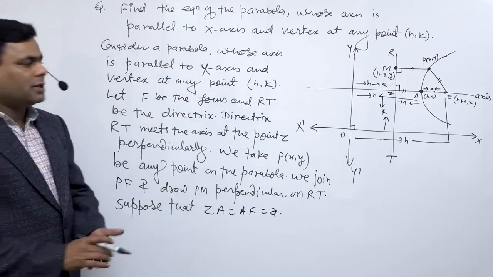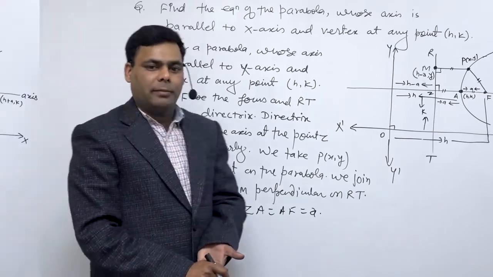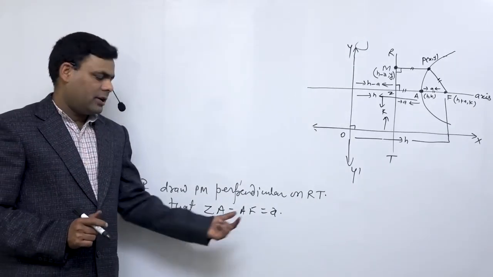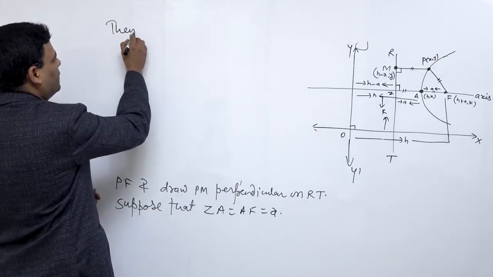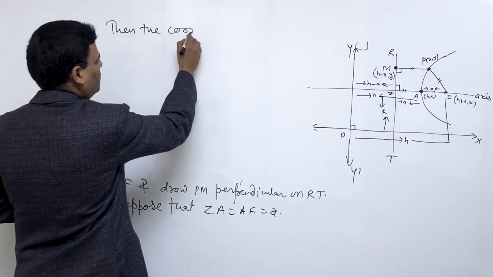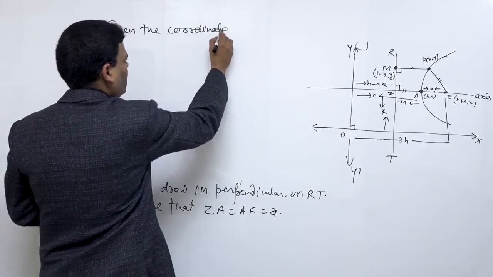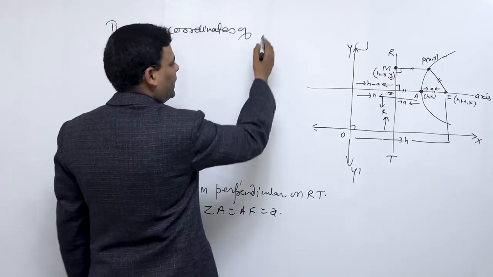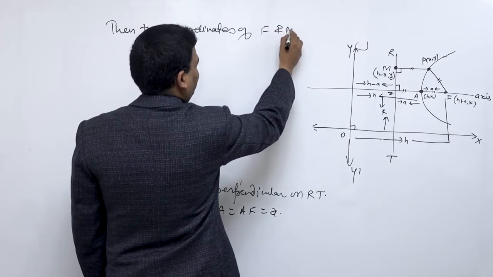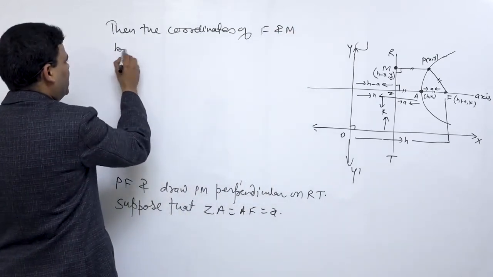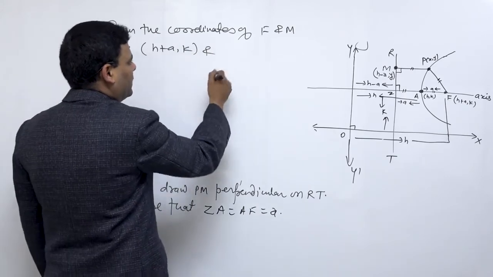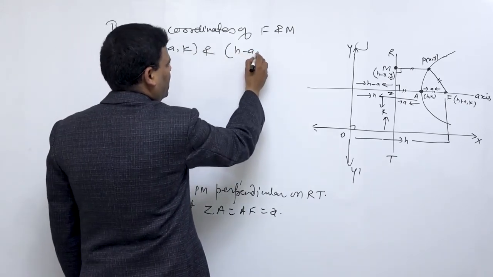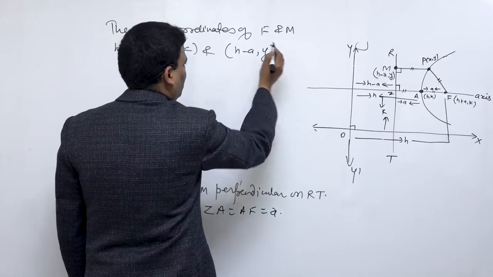Then what will be the coordinates of the points F and M? Suppose that ZA equals AF equals a, then the coordinates of F and M will be (h plus a, k) and (h minus a, y).